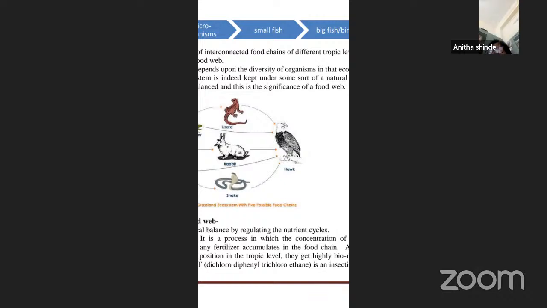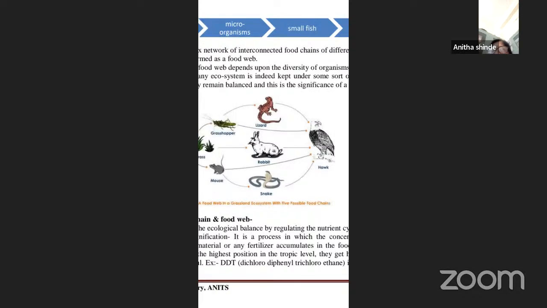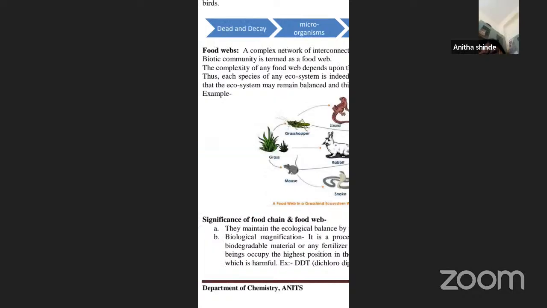Since the largest animals, as well as humans, come under the highest position in the trophic level, they are at more risk from this biomagnification. So this is about biological magnification. Next is what?